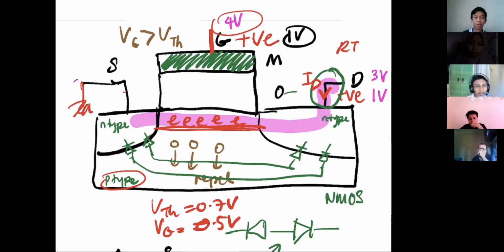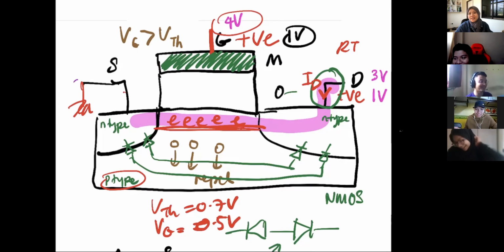I want to change my answer. So the channel will be the same, but the electron density that will pass through will be higher. Because the amount of electrons being attracted, the channel would remain the same.